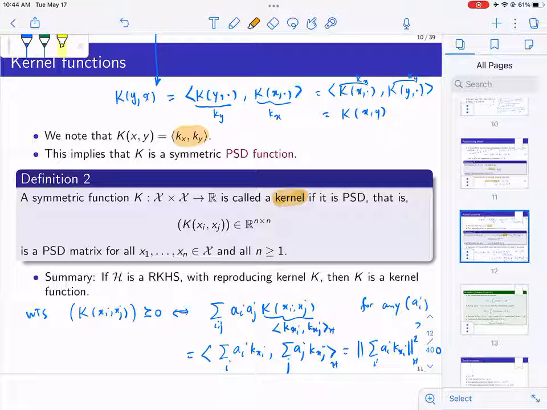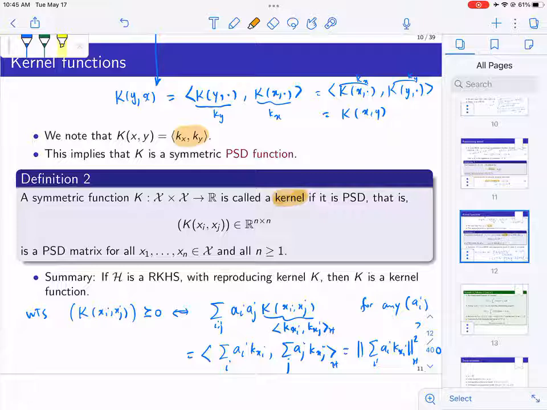But for real-valued cases, the inner product is real valued. So you look at symmetric functions, and they're kernels if they're positive semi-definite. So this argument says that the reproducing kernel of an RKHS is really a kernel in this sense. It's a symmetric positive semi-definite function.